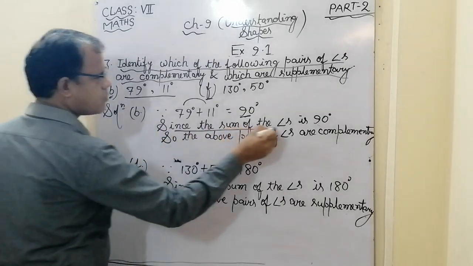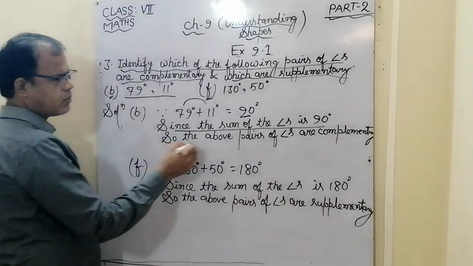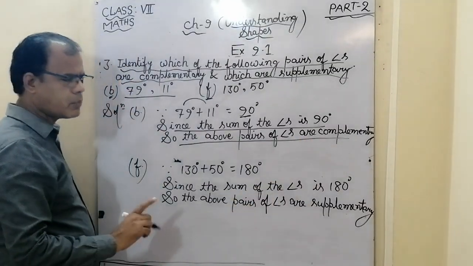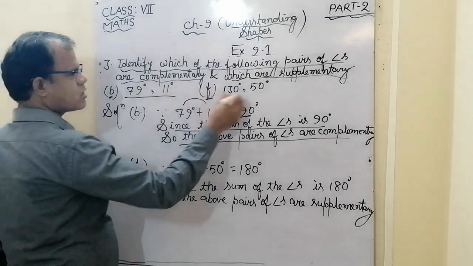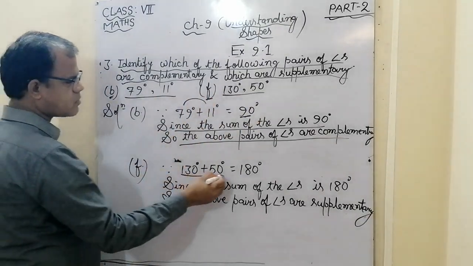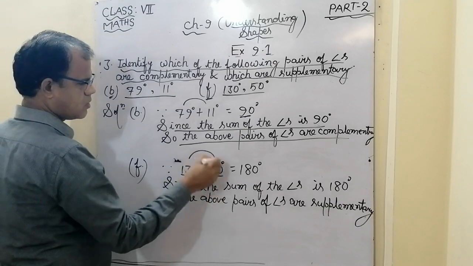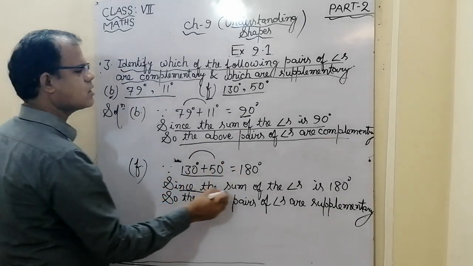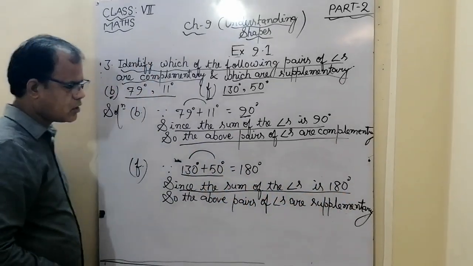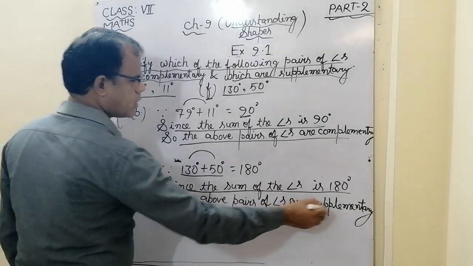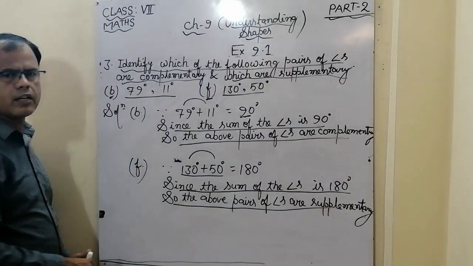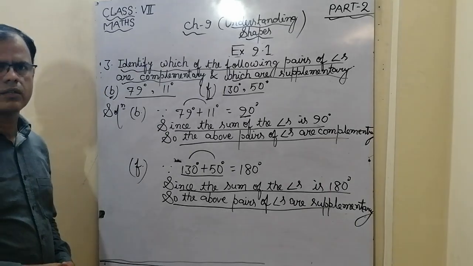And since the sum of angles is 90 degrees, the above pairs of angles are complementary angles. Next question, F part: 130 plus 50 becomes 180 degree. Since the sum of the angles is 180 degree, the above pairs of angles are supplementary angles, and you have to solve the remaining parts.